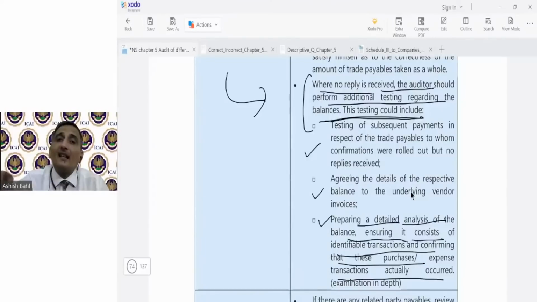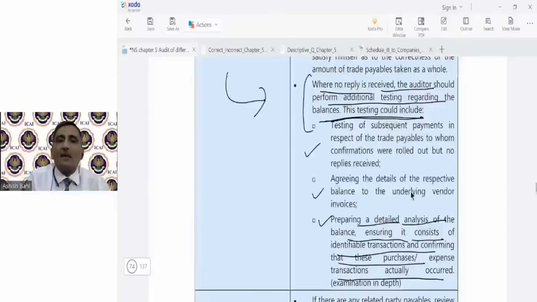So this is known as examination in depth. Examination in depth means tracing a transaction from beginning till end.